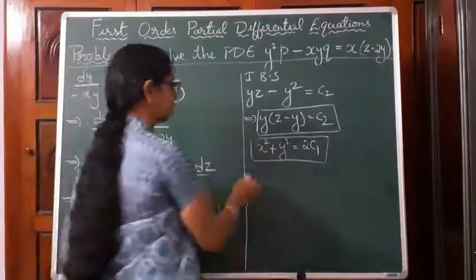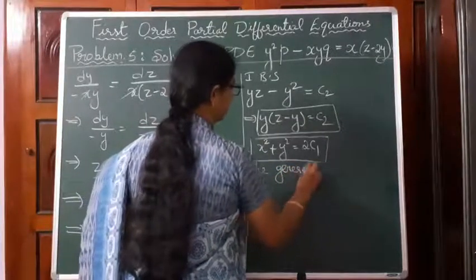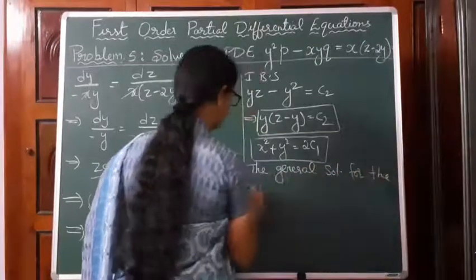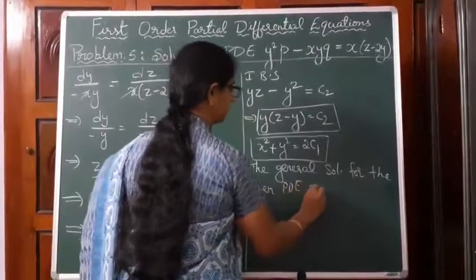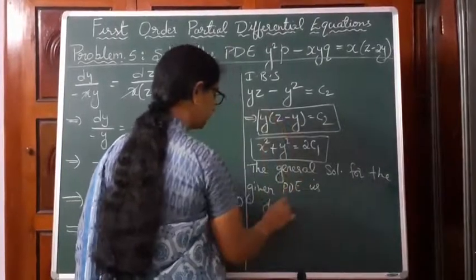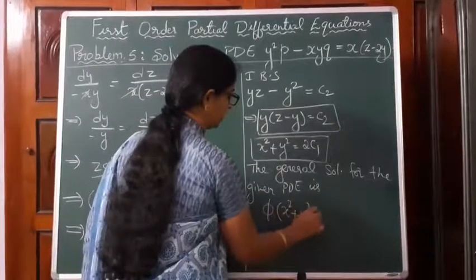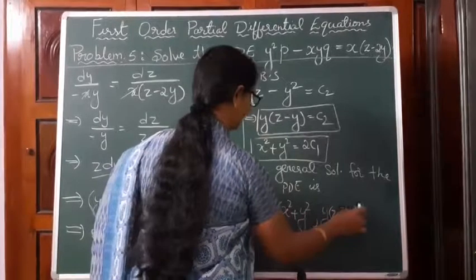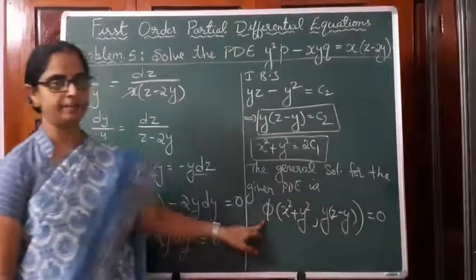Therefore, what is the general solution now? The general solution for the given PDE is phi of u, that is x square plus y square, comma v, that is y into z minus y, is equal to 0, where phi is an arbitrary function.